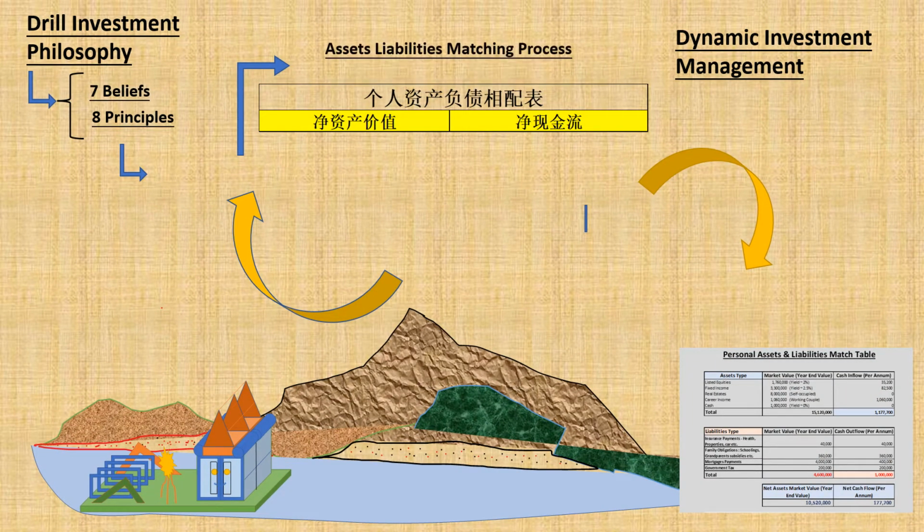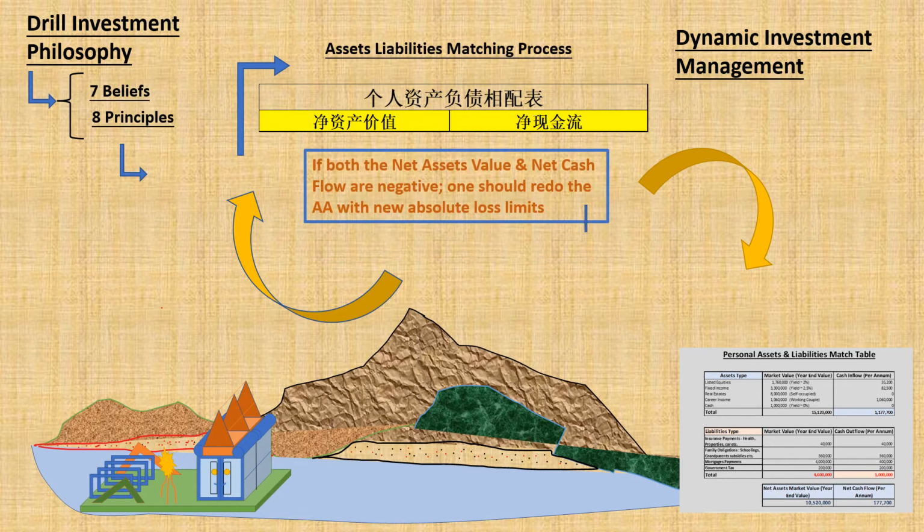Okay, let's see the example in more detail. Look at the table and get both positive numbers. If the net asset value and the net cash flow are negative, one should redo the asset allocation with a new absolute loss limit and yield assumptions.